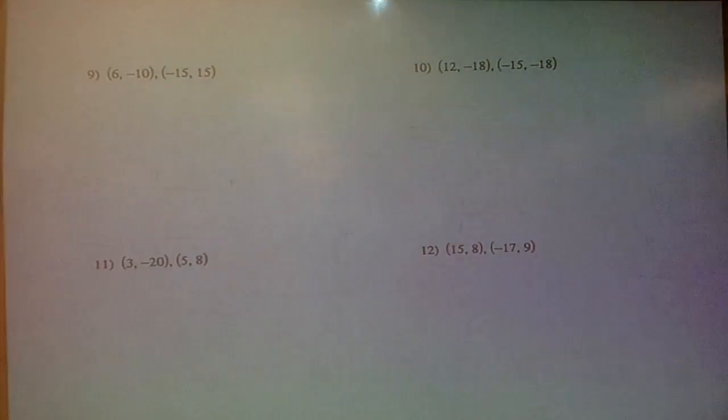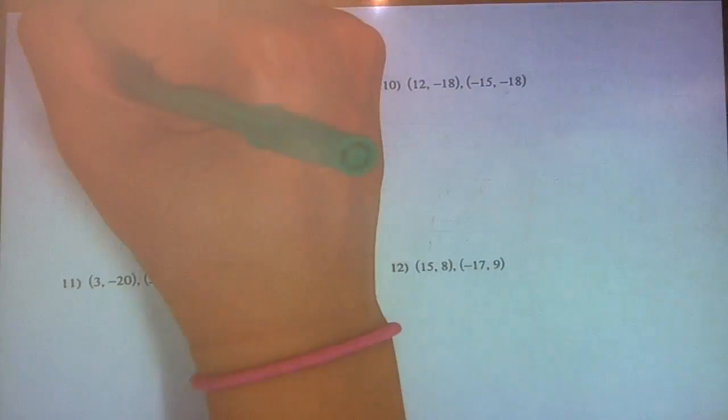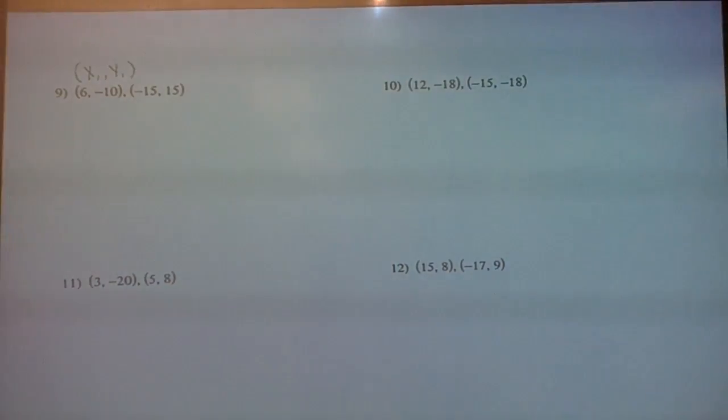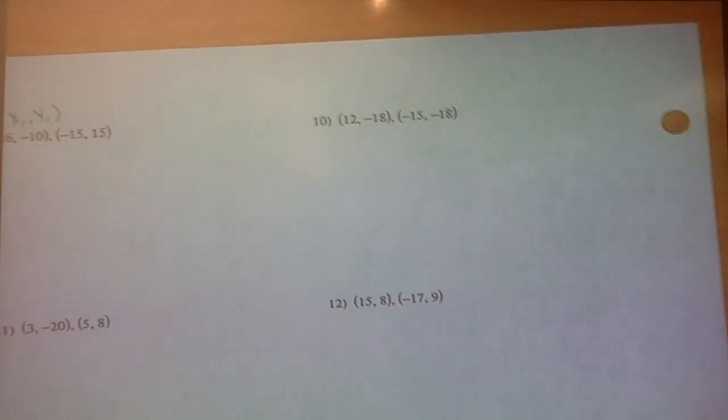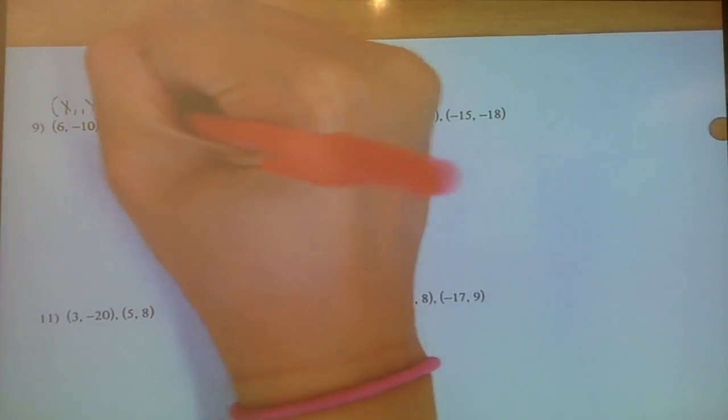Let's try the backside. The backside is the same thing. We're finding the slope between these 2 points. So the first thing we do is we take x1, y1, and the second point is x2, y2.